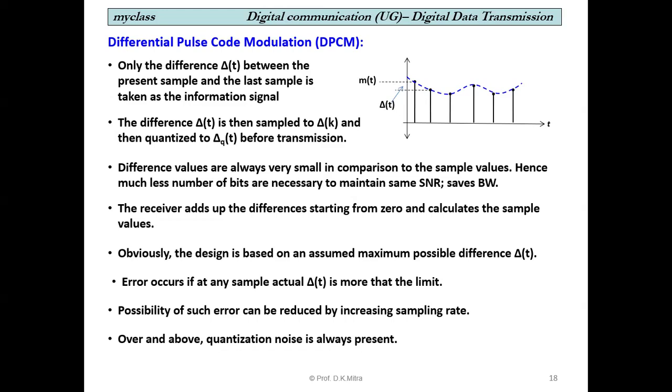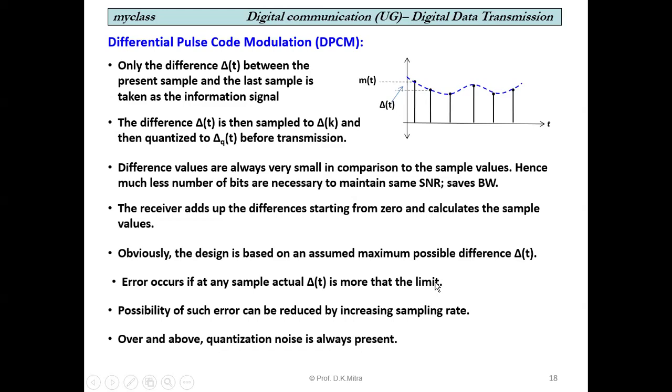It may be a problem for a temperature transmitter or some other transmitters where the signal may vary very suddenly and widely. Human voice signal does not vary so suddenly. Anyway, the design is based on an assumed maximum possible difference. Now, error occurs if the actual difference is more than that limit.